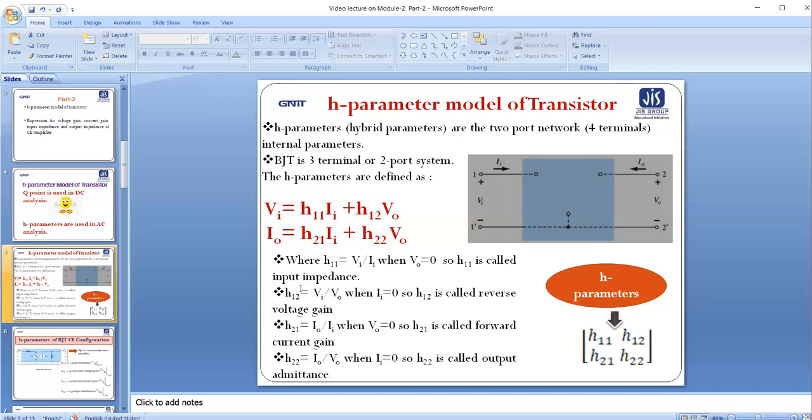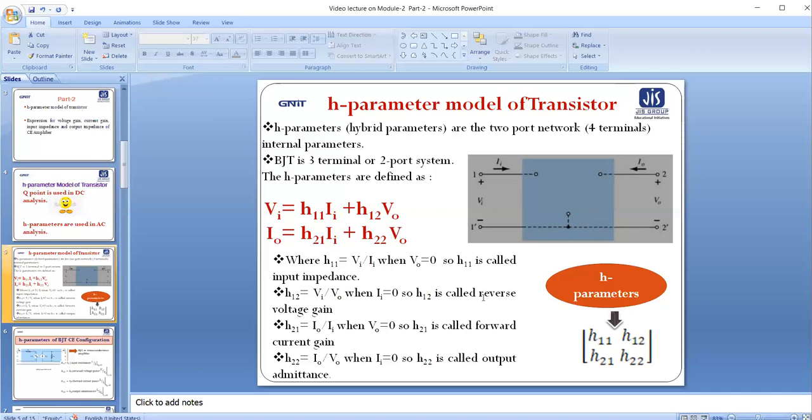So H12 is represented as VI divided by V naught. If you are carefully looking at the expression, it is a ratio of two voltages, so it is the voltage gain. But the important thing is that the numerator is the input voltage, whereas the denominator is the output voltage. That's why it is called reverse voltage gain.